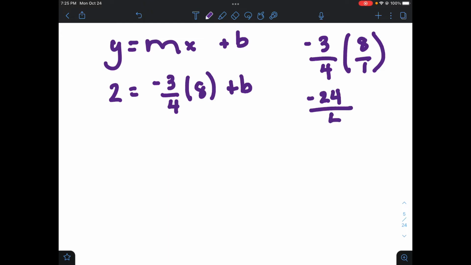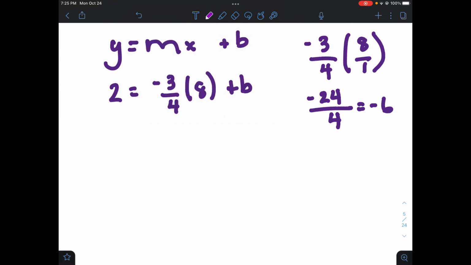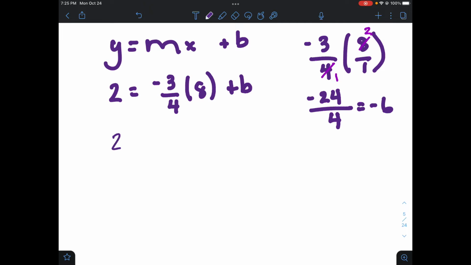-24 divided by 4, which is -6. If I were going to simplify first, that would have become a 1, because 8 divided by 4 is 2, and I would have had -3 times 2, which is still -6. All right, so now I have 2 equals -6 plus b.